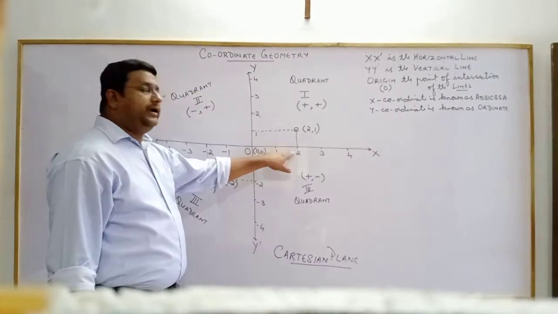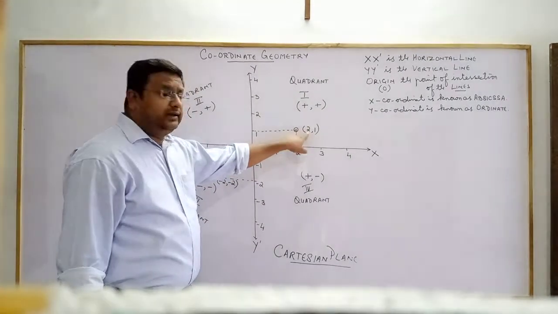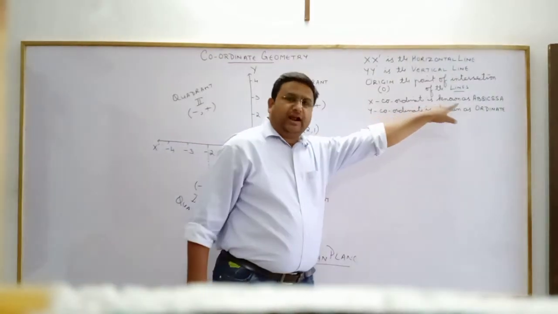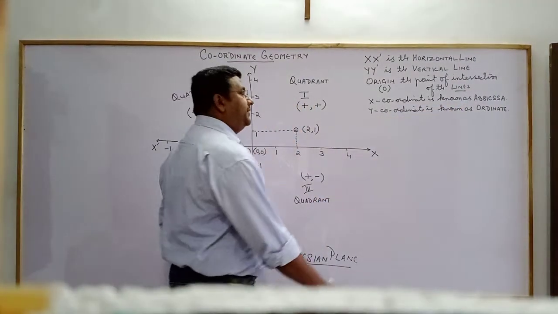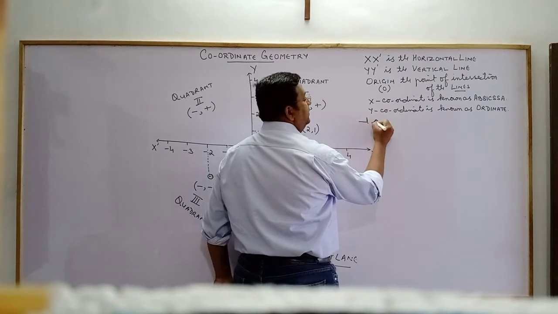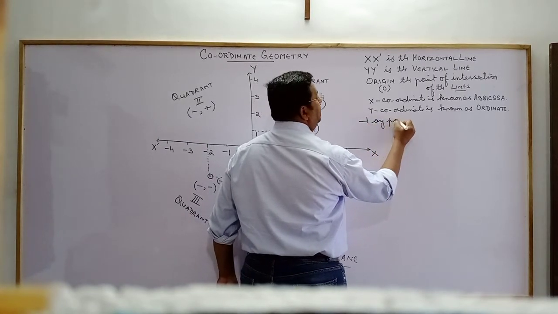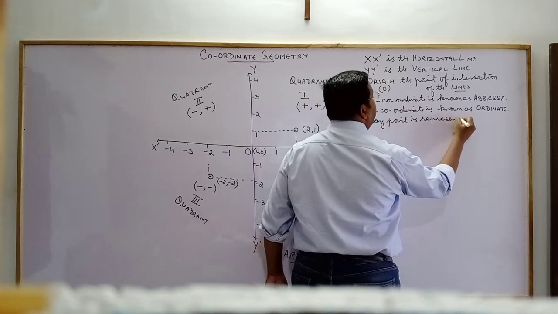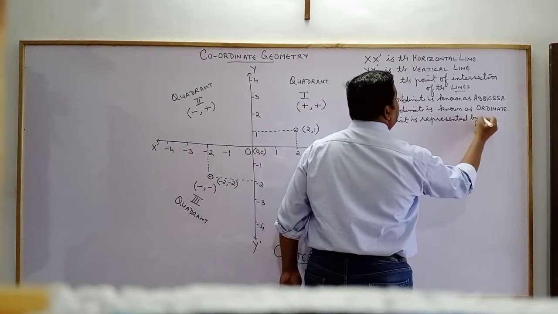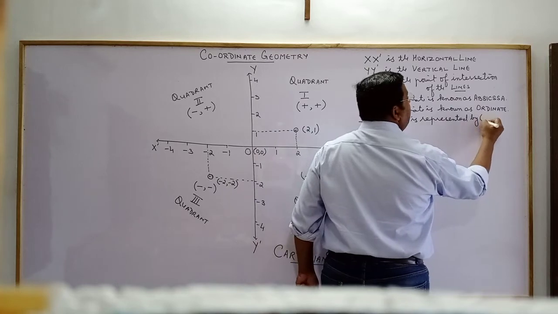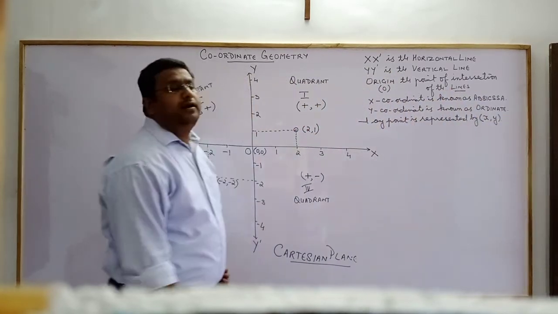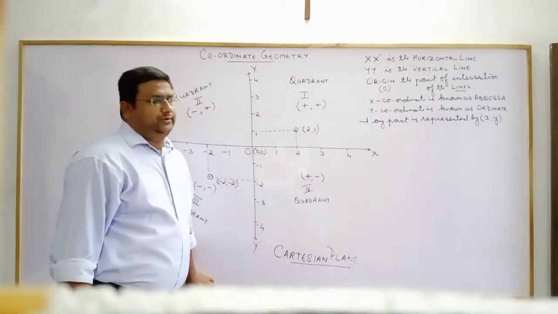The x coordinate is known as abscissa. The y coordinate is known as ordinate. Clear? And any point is represented by x comma y, x coordinate and y coordinate both.